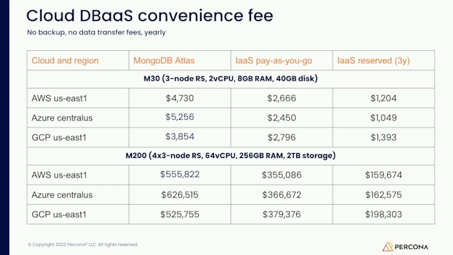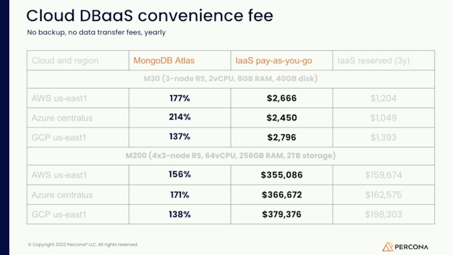If you look at those prices and compare them to what you would pay at the specific cloud provider for basically buying raw computing resources and raw storage, in terms of EBS volumes in AWS and so forth, the difference is huge. While with small instances this difference probably makes sense to pay, because it's a couple of thousand dollars a year, depending of course on the scale of the organization, it starts making less sense when you have very big deployments.